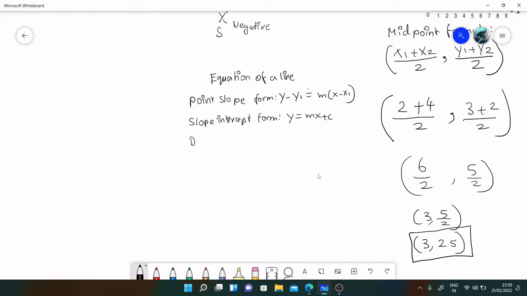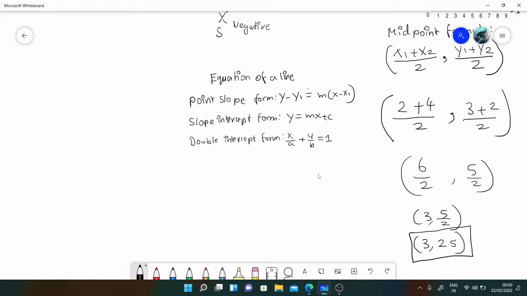Next is the double intercept form. That is x by a plus y by b equals 1. These are three different methods you see.